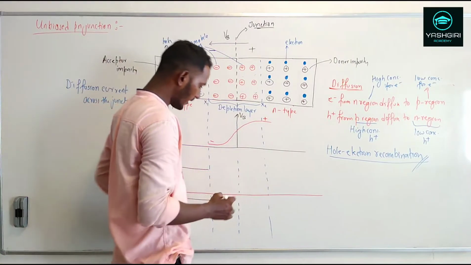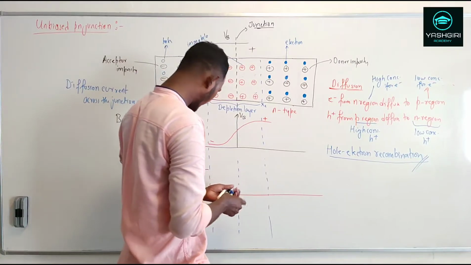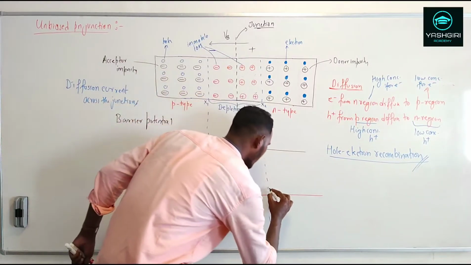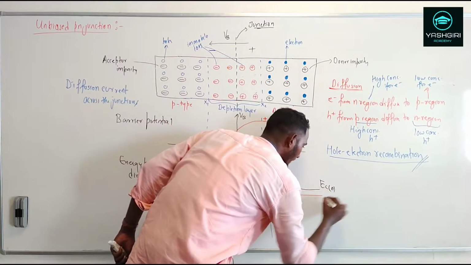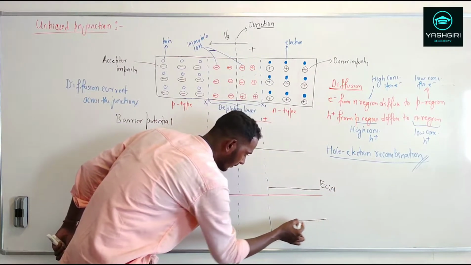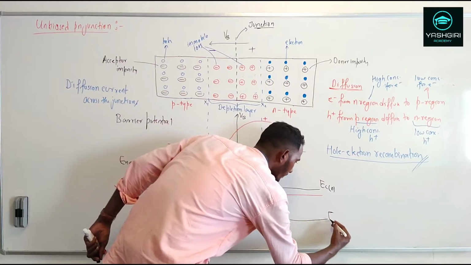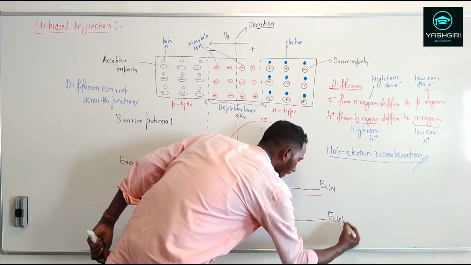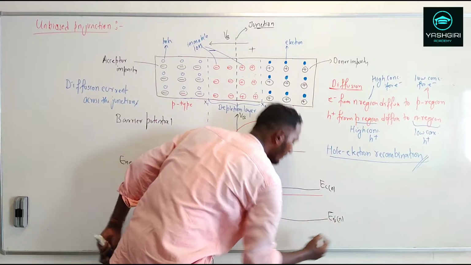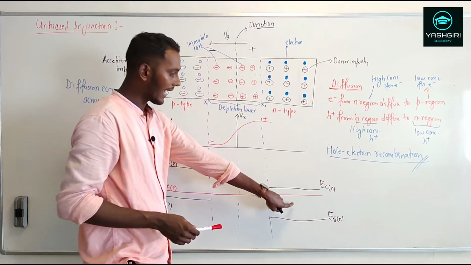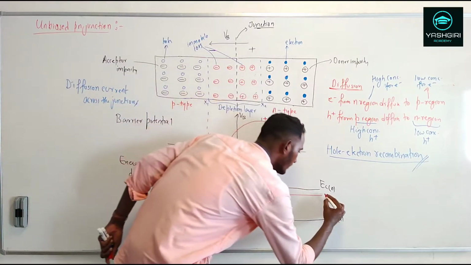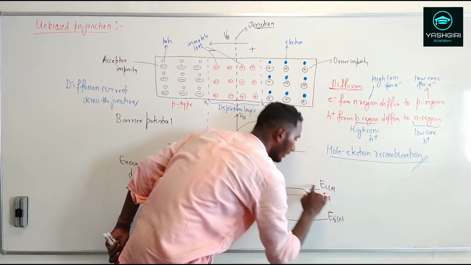On the right hand side we have an n-type. I'll show a conduction band over here. So this is your EC for the n-type and the valence band somewhere here, EV for the n-type. Now again the Fermi energy in the case of the n-type material is close to the conduction band.